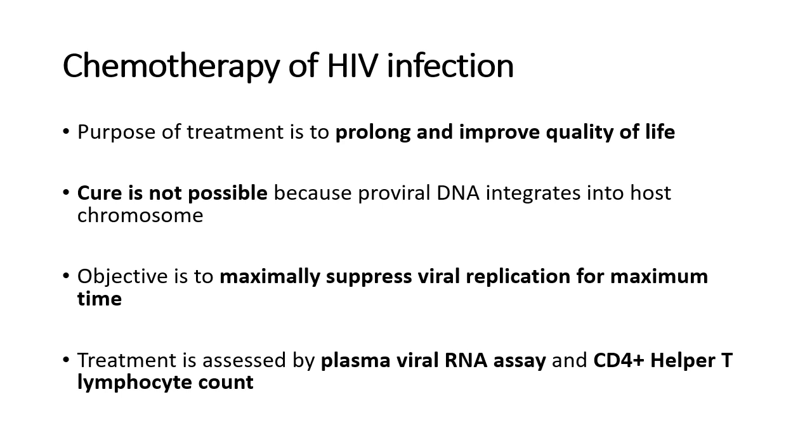So the objective is to maximally suppress viral replication for the maximum period of time. And how can we assess the response to treatment? One, by the viral RNA count and the helper T lymphocyte count. So the treatment should reduce the viral copies and increase T lymphocytes.